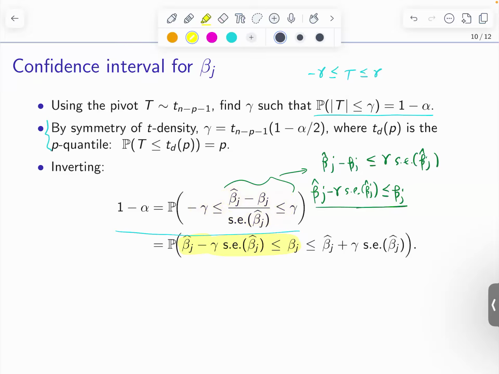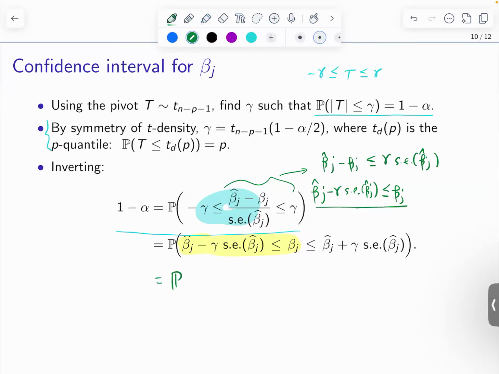And then if I do the other half, you get the upper half of the inequality. So do it as an exercise. And then you can see that what we really showed is an interval.